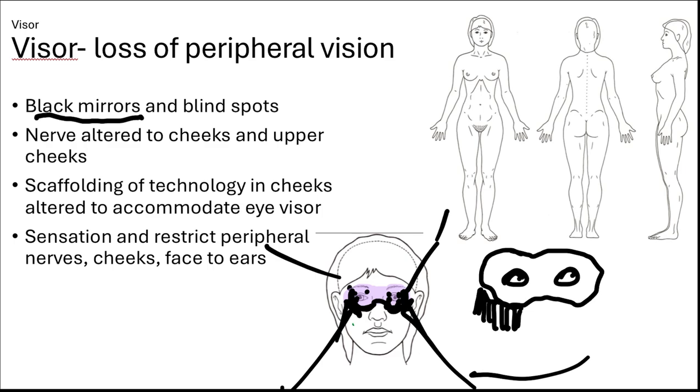Sensation and peripheral access to the nerves of the cheeks, face, and ears are restricted. So the sensory experiences of all of these other parts of the body have been changed, altered, restricted, cut off, or blocked.